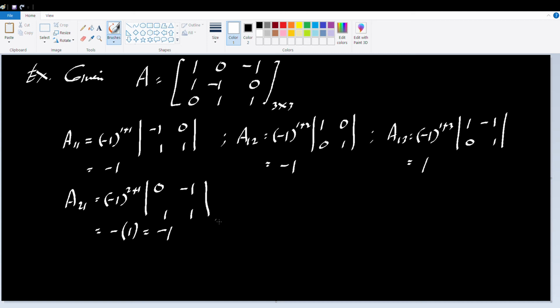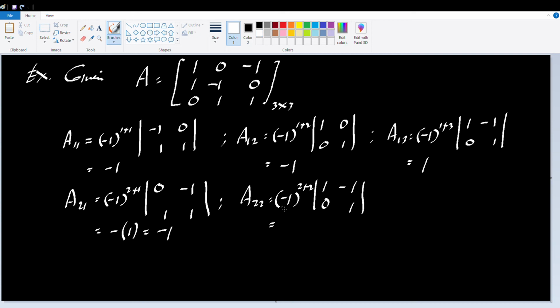Okay? Then we go to A22. Negative 1 raised to 2 plus 2, determinant of, delete the second row, second column: 1, negative 1, 0, 1.